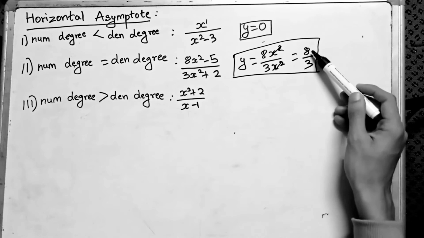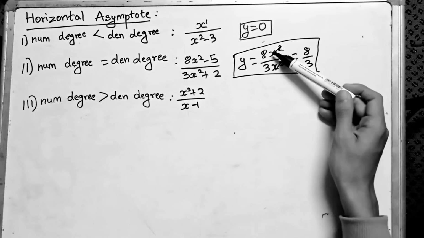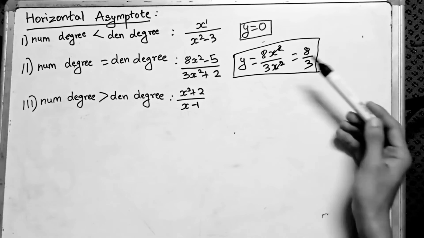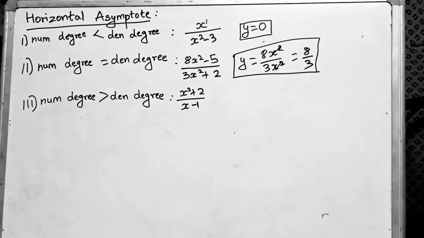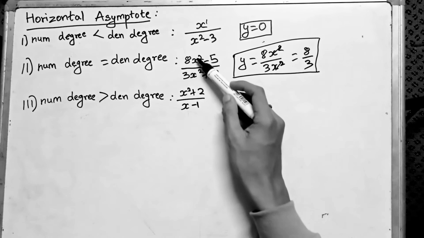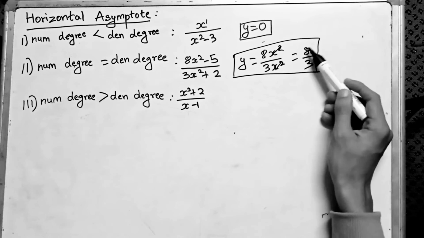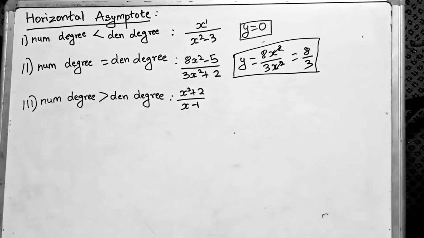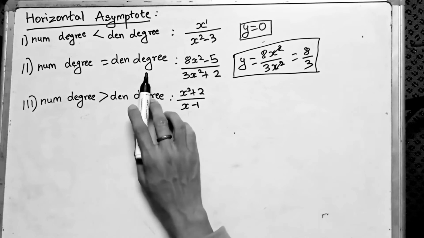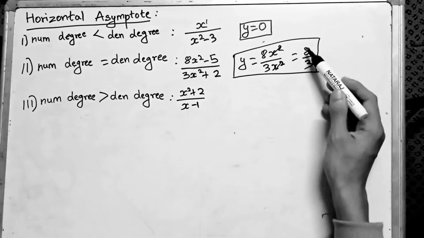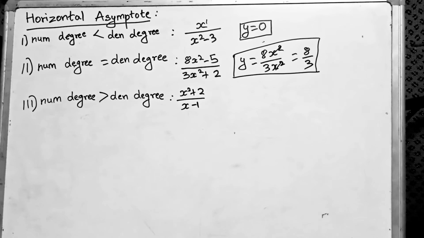Basically it is the ratio of the terms that have the maximum power. You could simply divide these terms by each other and you would get the horizontal asymptote. So this is the case when the degree of the numerator is equal to the degree of the denominator. You simply divide these two terms and you get the horizontal asymptote.